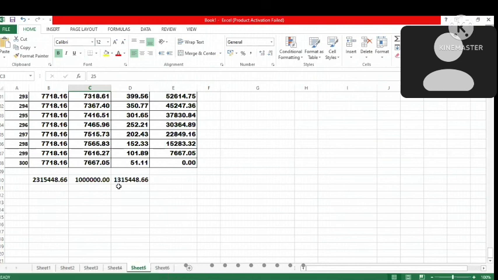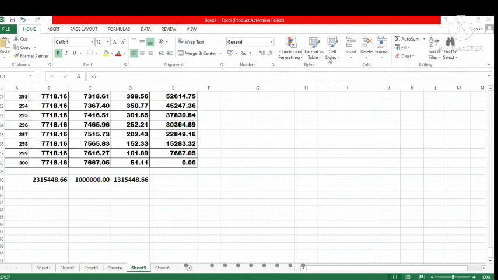Now you can see the principal amount becomes 10 lakhs, but the person paid 13 lakhs 15,448.66 as interest.